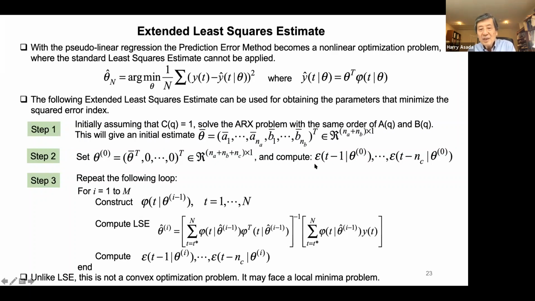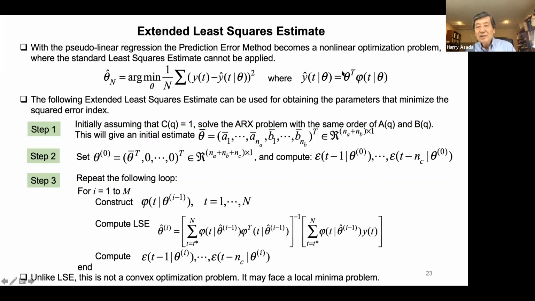Then we compute the epsilon from this expression. That's the prediction error, basically y minus y hat.